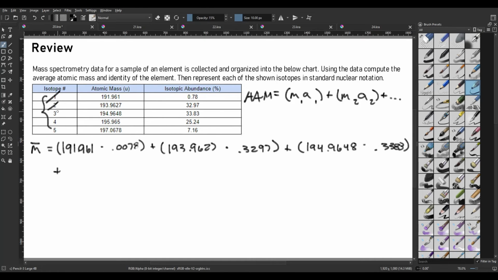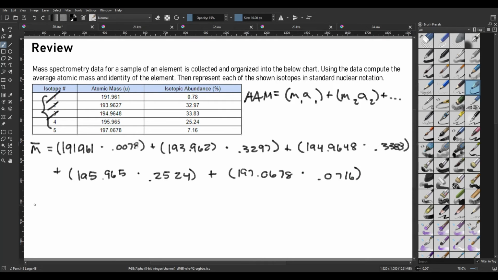Third one done. Fourth one is going to be 195.965, times 0.2524, plus 197.0678 times 0.0716.